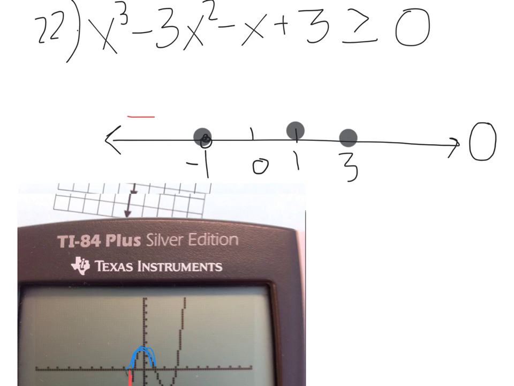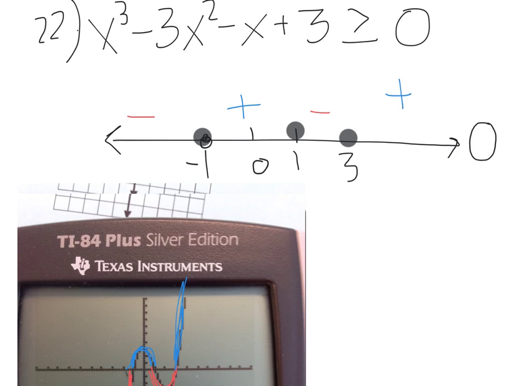I'm positive, so in this chunk right here I'm going to put a plus sign. After that, from 1 to 3, I can see what I'm drawing in red right now. I went below the line again, so I'm negative. And then finally, after 3, I stay positive the whole time. So I'm going to put a plus sign here. And that's my sign chart.